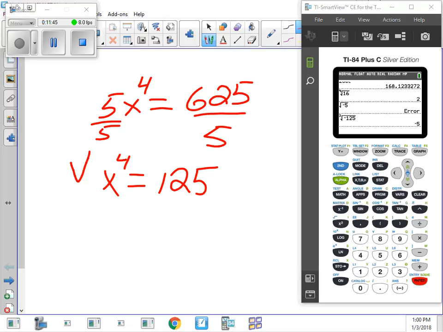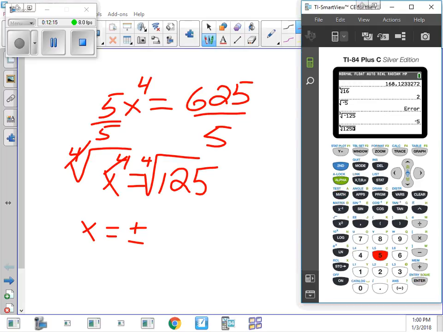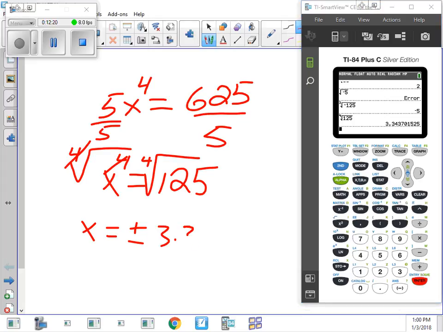I take the 4th root of both sides, and the 4th root and the 4th power cancel, and I get x is equal to something. There's a rule that you need to apply before you type that in your calculator. Plus or minus. Do you remember that? And then the 4th root of 125. So plus or minus 3.3.